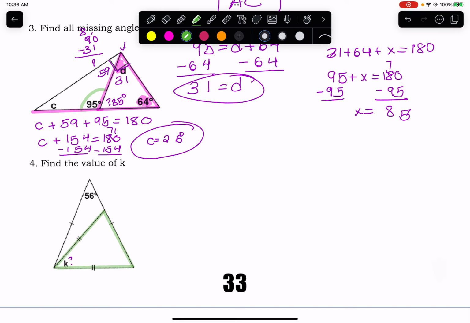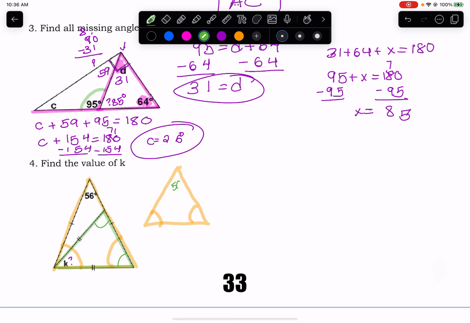This is an isosceles triangle with two base angles. And then we also have the larger triangle with two base angles. The difference is that if we look at our larger orange triangle, we have two base angles, but we also are given the vertex angle.